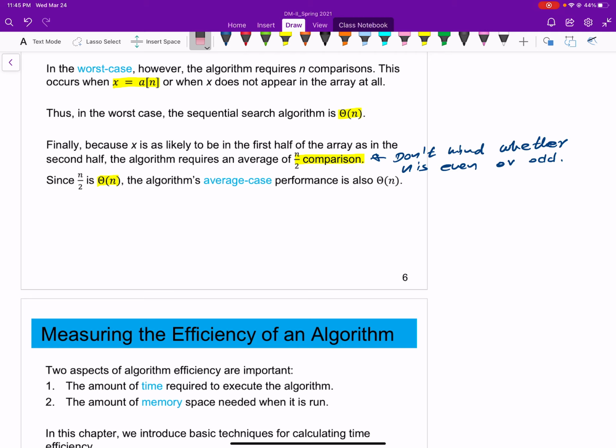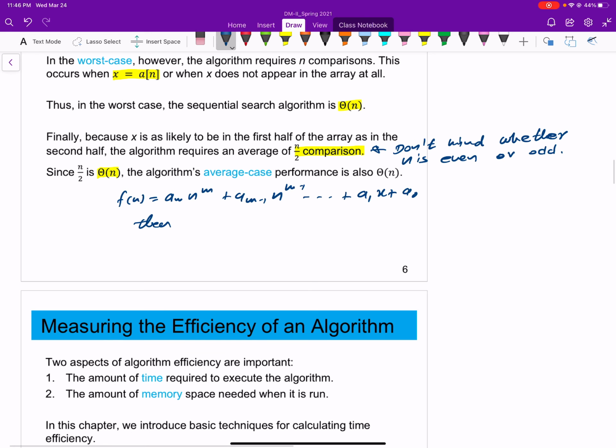That theorem says that if your function is a polynomial, like a_m n^m plus a_(m-1) n^(m-1) and so on, down to a_1 n plus a_0, then f(n) is theta of n^m.